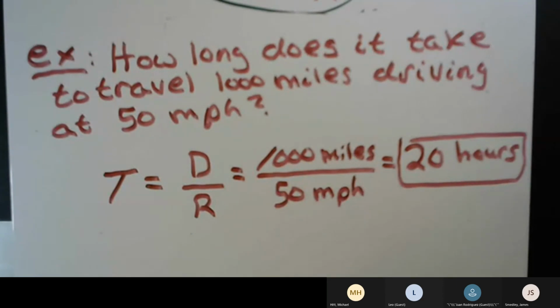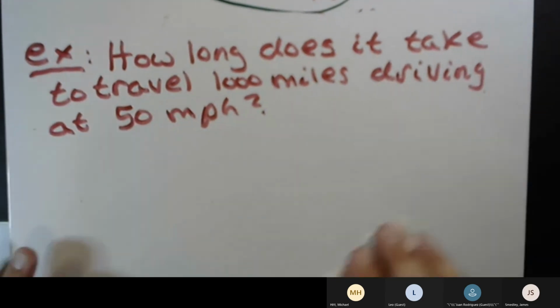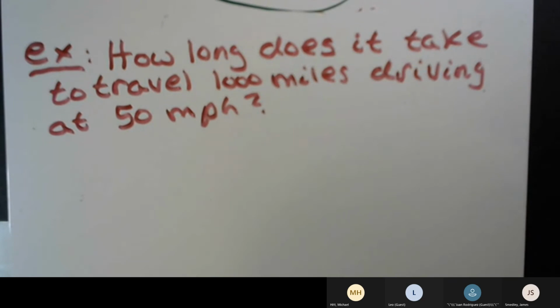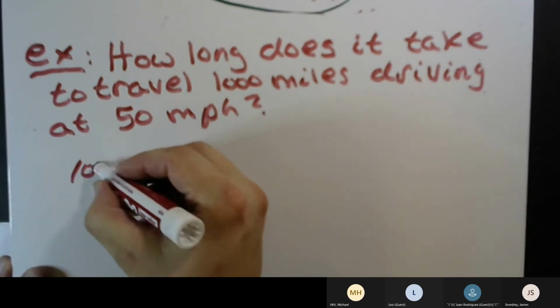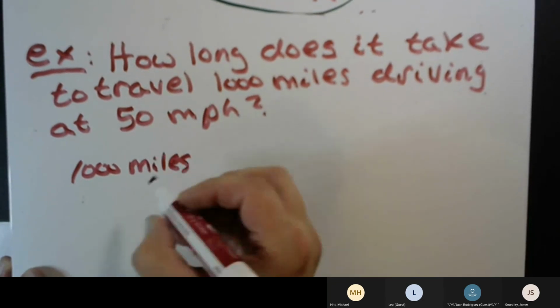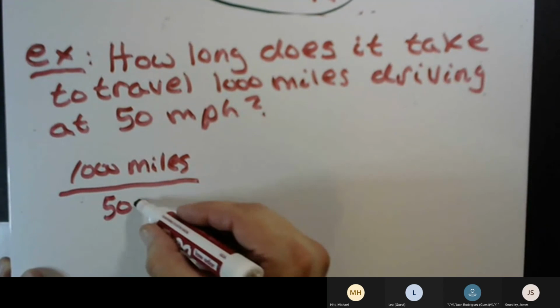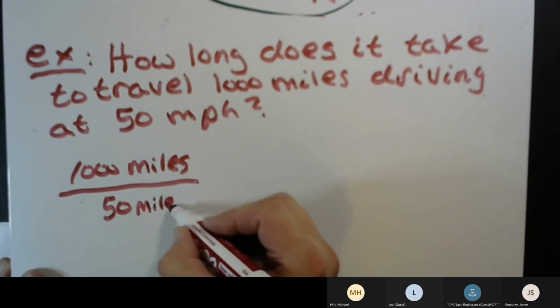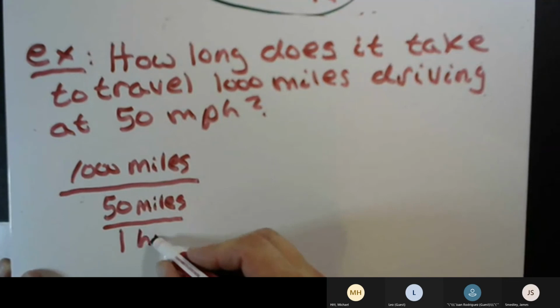Now, you might be wondering, how did I get hours to magically pop out like this? I would ask that question. So I'm going to get into some detail here. But if we take our 1,000 miles, 50 miles per hour is 50 miles per 1 hour.